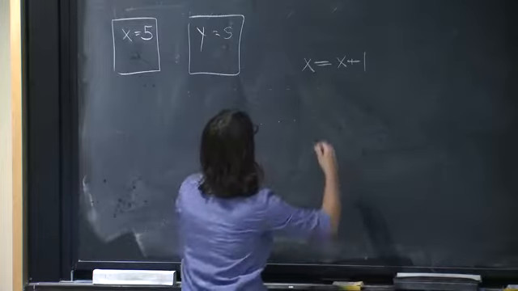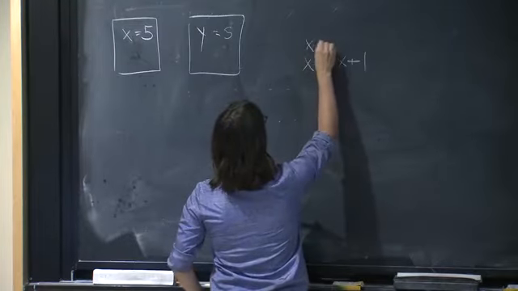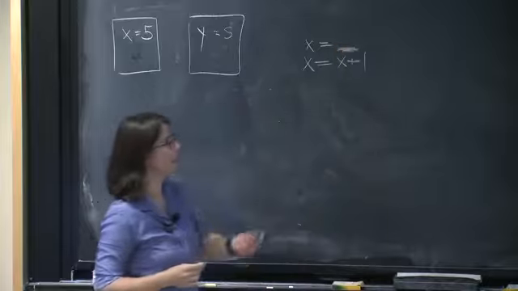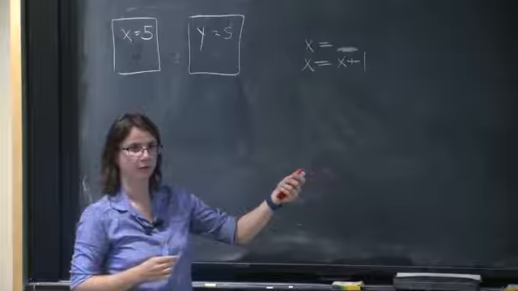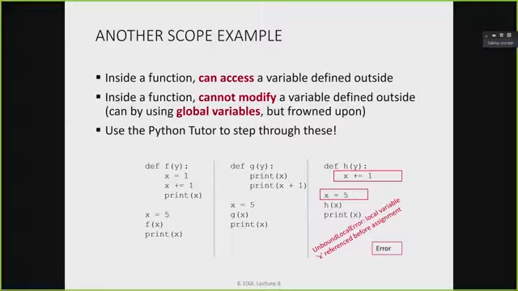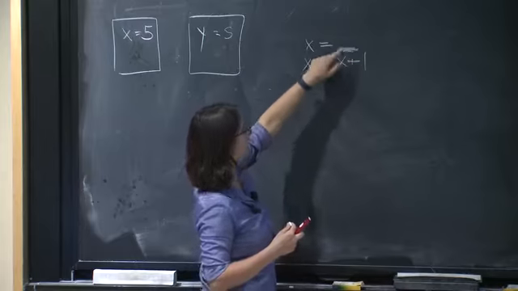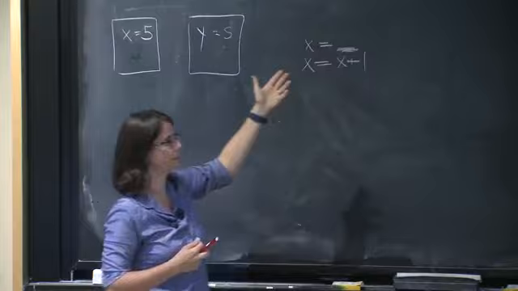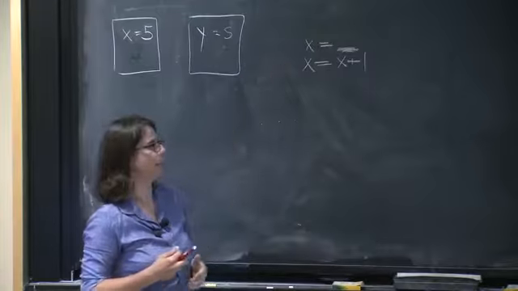But you never had a line that said x is equal to something originally inside h. Okay? And so when you're trying to say x is equal to x plus 1, it's trying to look for an x inside the scope of h, but it doesn't have one. And so that's where we get that error from.